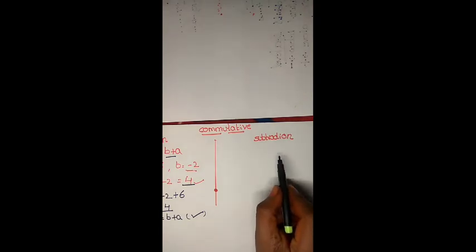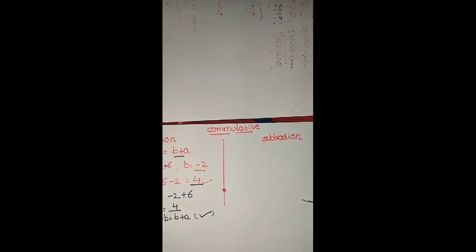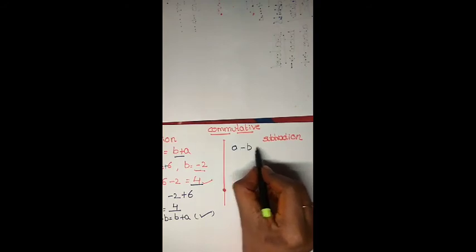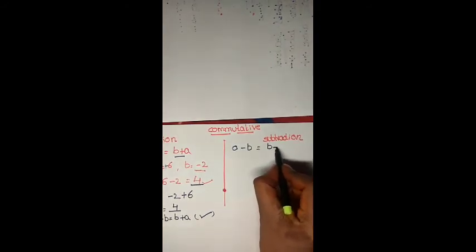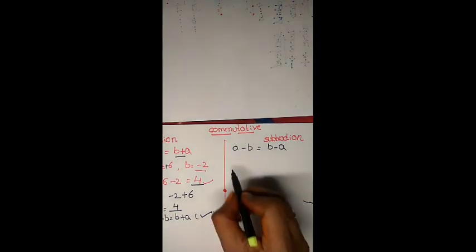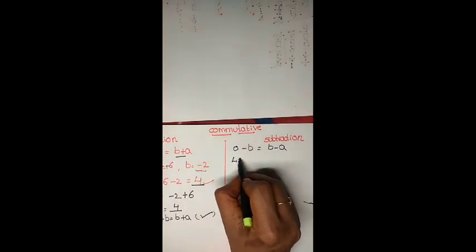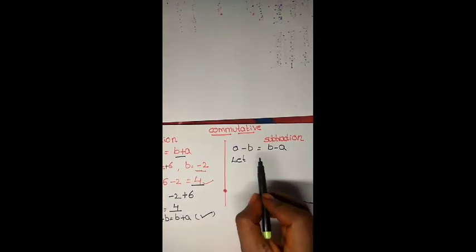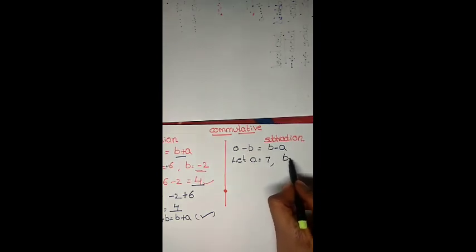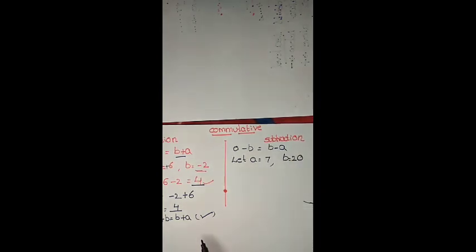Now let us go for the subtraction. Here also the condition is if a, b belongs to Z, a minus b equals b minus a. Here also I am taking some examples. Let us take a as 7 and b as 20.